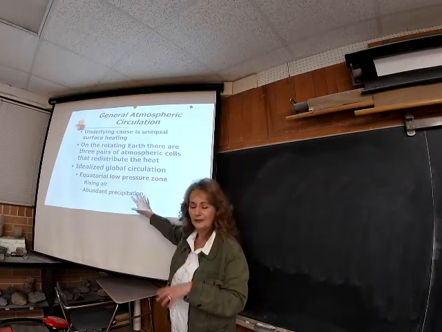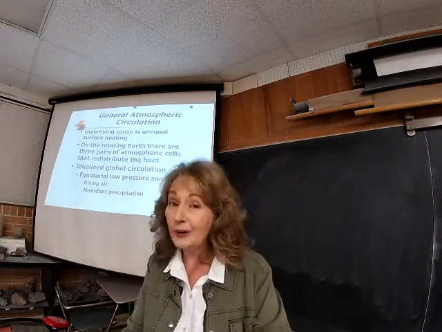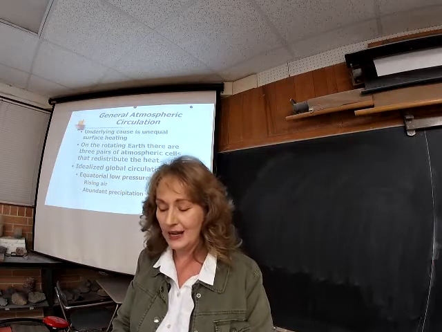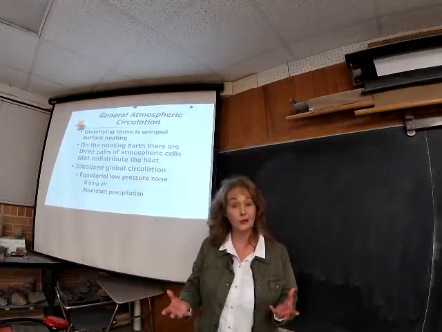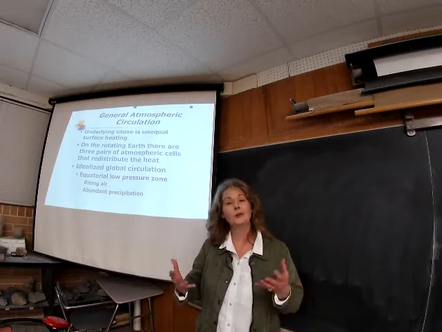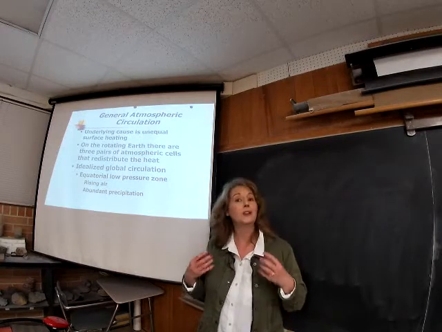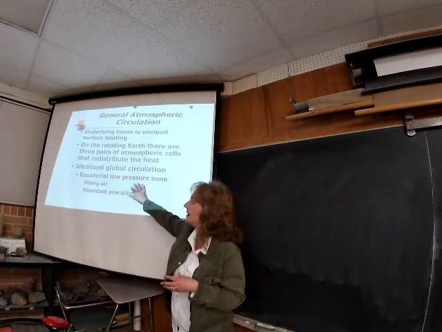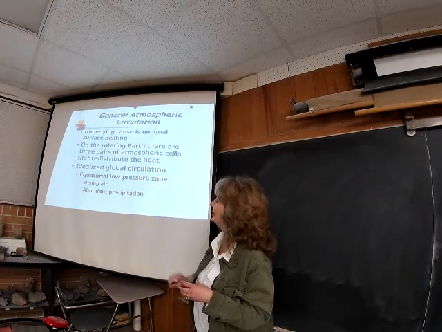They're going to talk about several different cells here. An equatorial low pressure system. So again, near the equator, very high sun angles, we get our higher temperatures, right? Warmer air is going to want to rise, it's less dense, so it will rise. So we get this low pressure system there, the equatorial low pressure zone.